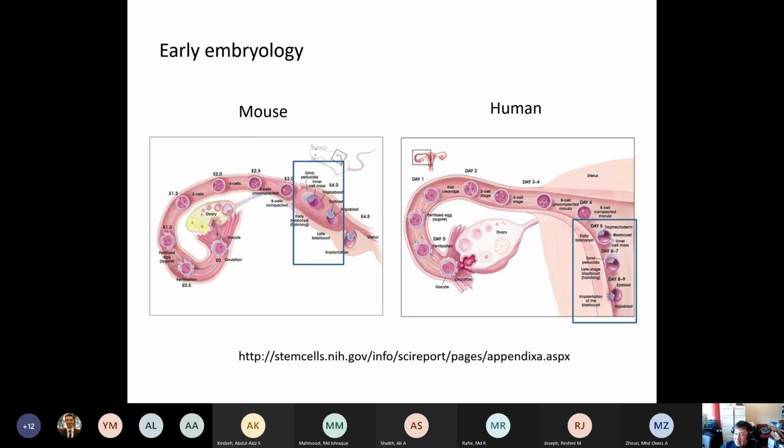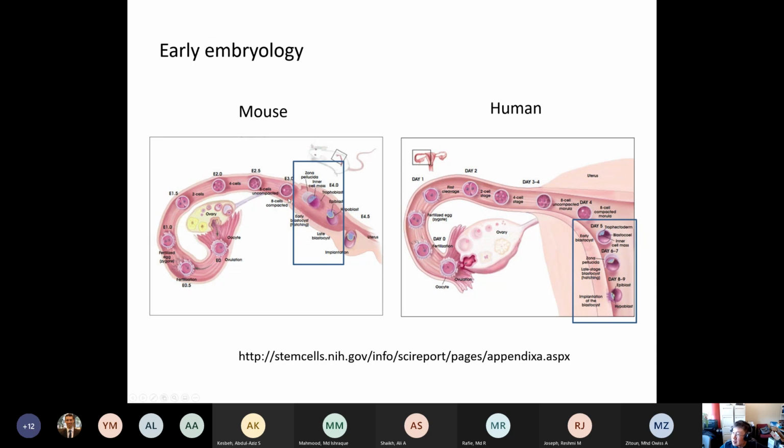So at the beginning, it's just 1 cell, the oocyte, but at E3.0, you have 8 cells. That cell division, you call it cleavage because we don't have any net increase of embryo size.